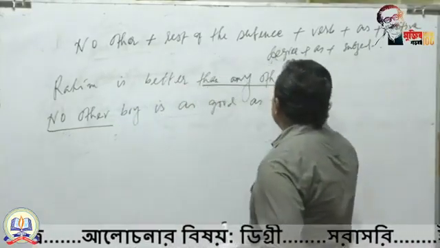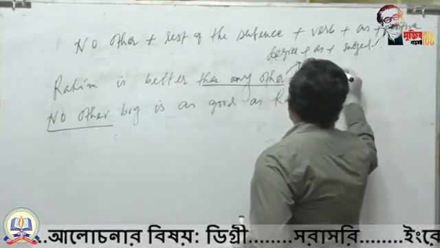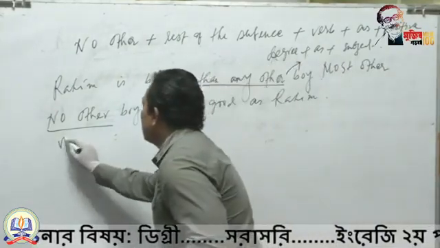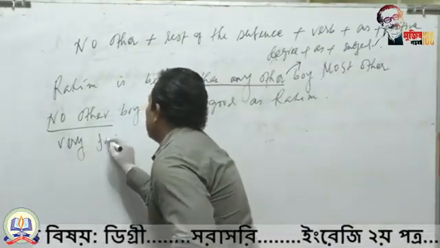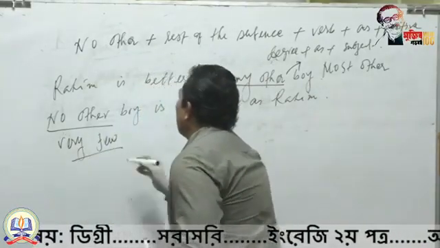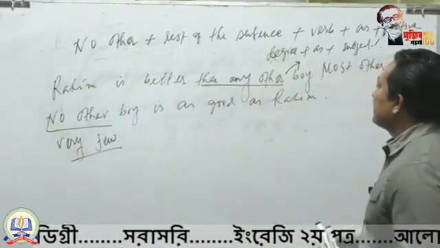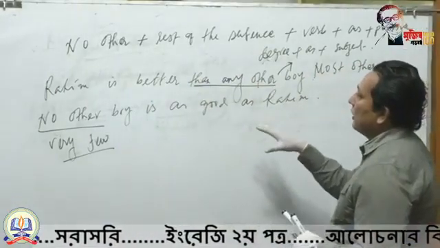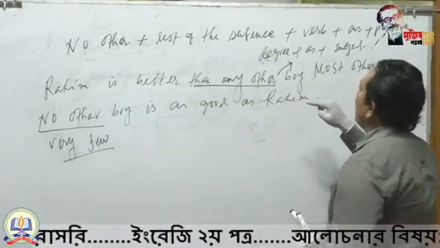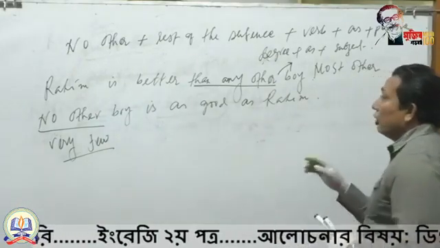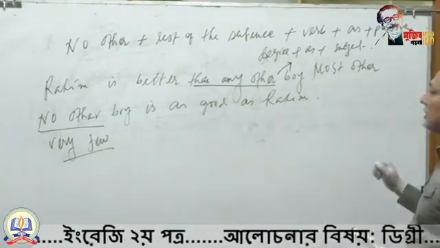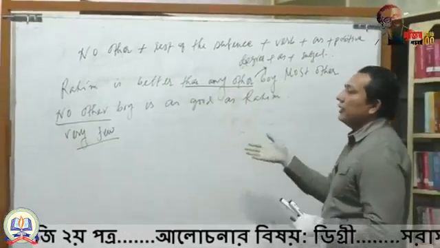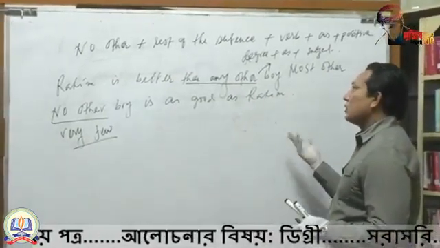If you get "most other" here, you have to use "very few", and the rest of the structure will remain the same. That means if you find the comparative degree "Rohim is better than most other boys", at that time you have to make the positive degree by using "very few": "Very few boys are as good as Rohim."